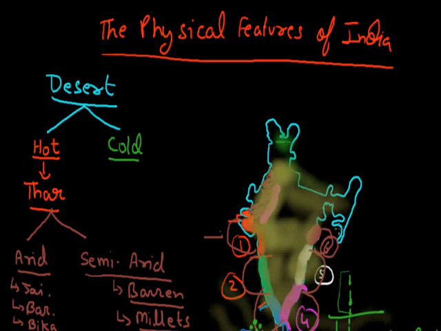Not only all the physical features are found, but we see that a lot of diversity is found in all these physical features, and that is why India is also called a subcontinent. And one of the reasons why the Southern Ocean is called the Indian Ocean is that India has such a lot of diversity. That's all.